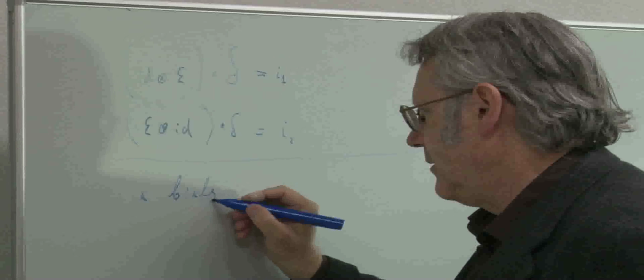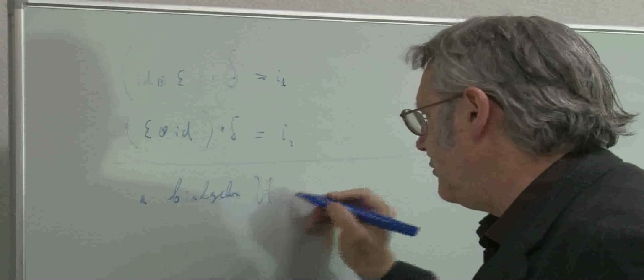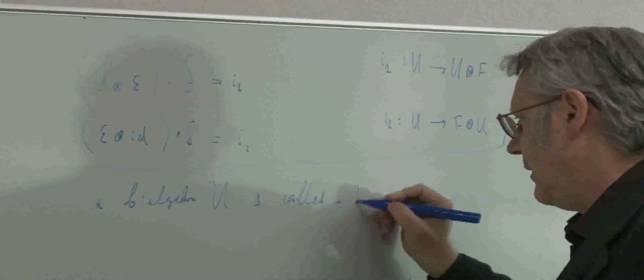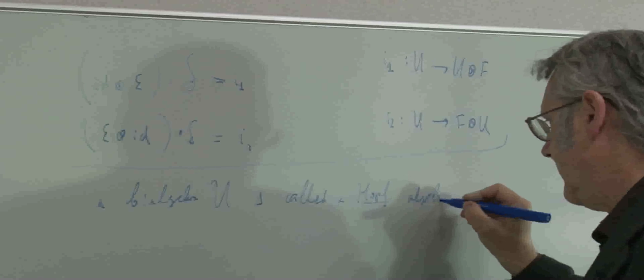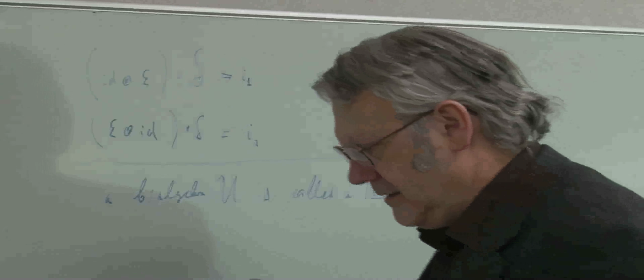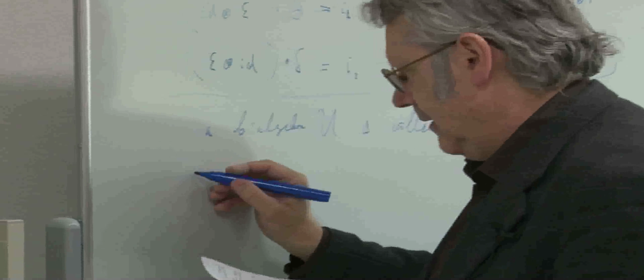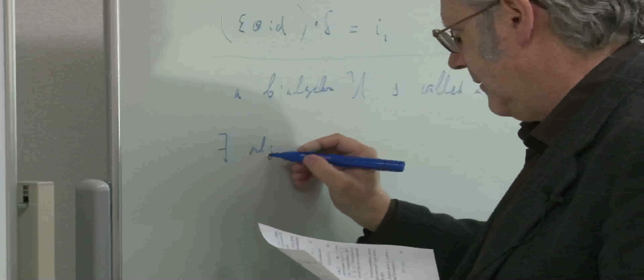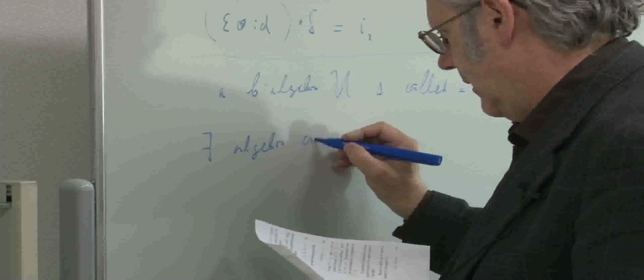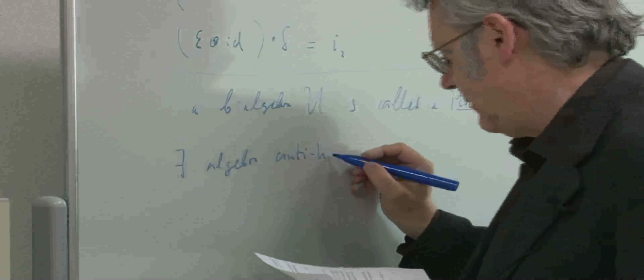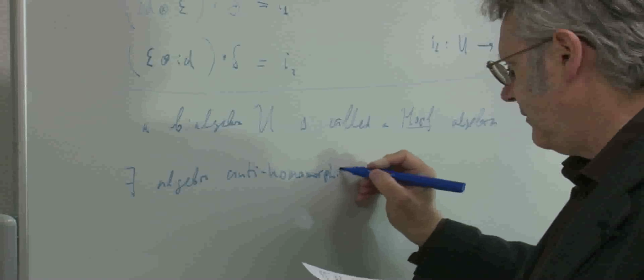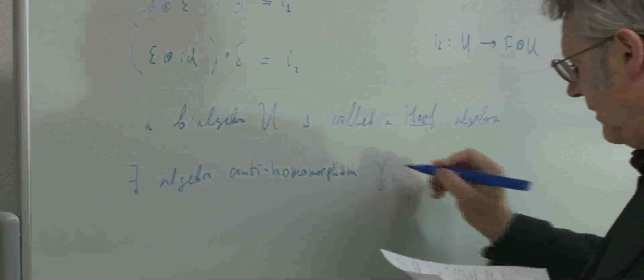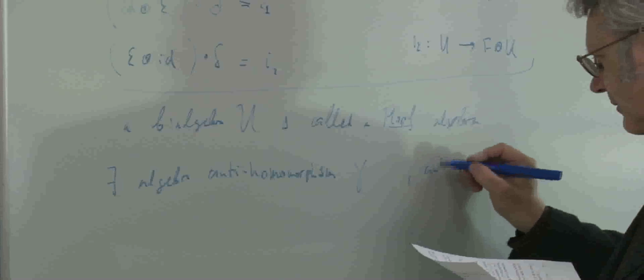A B algebra U is called a Hopf algebra if there exists an algebra anti-homomorphism, I'll remind you what anti-homomorphism means, gamma, which is called the antipode.